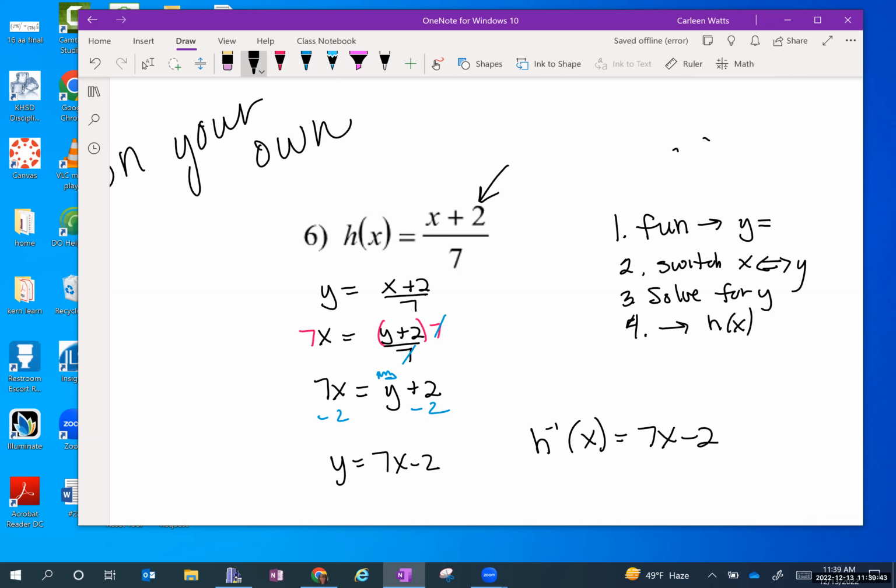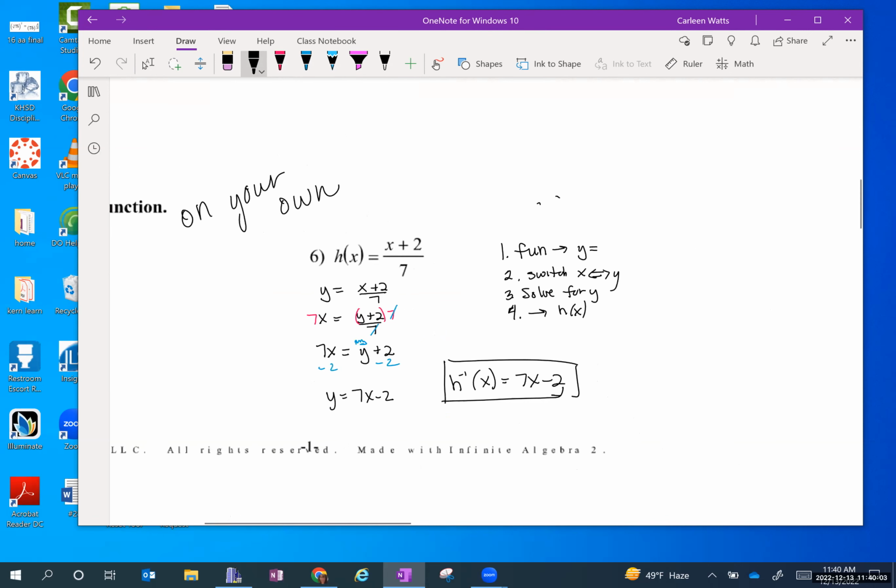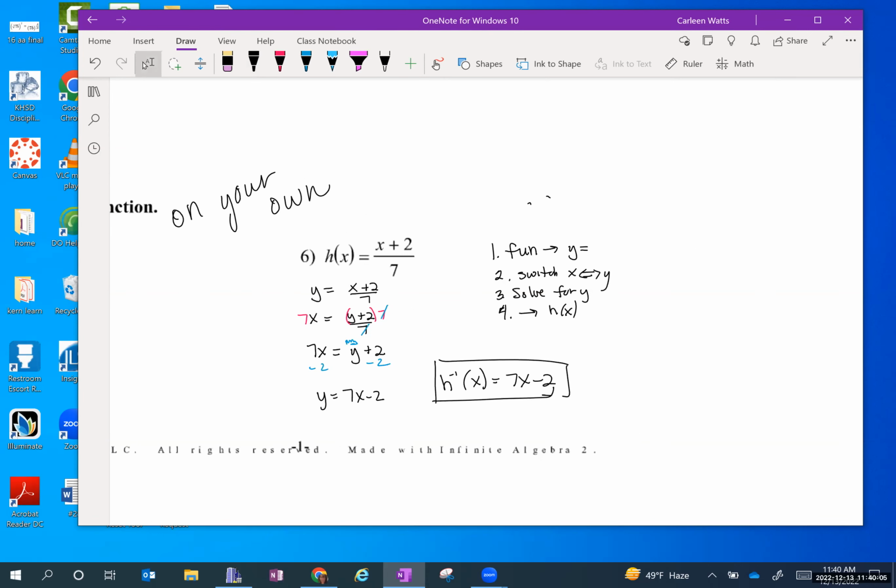Notice this says add 2 and divide. This says subtract 2 and multiply. You can kind of see the inverse in action. H inverse of x is 7x minus 2. Okay, are we good?